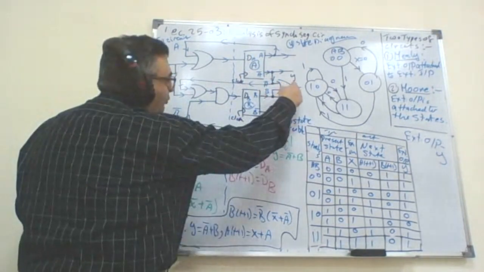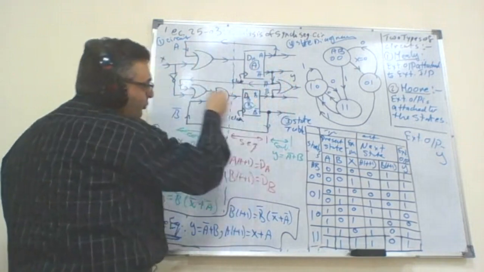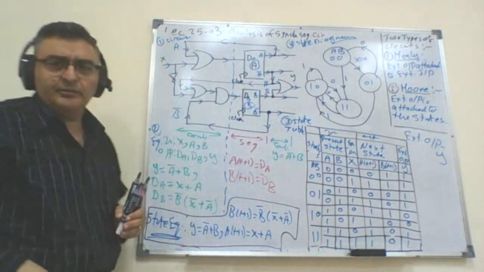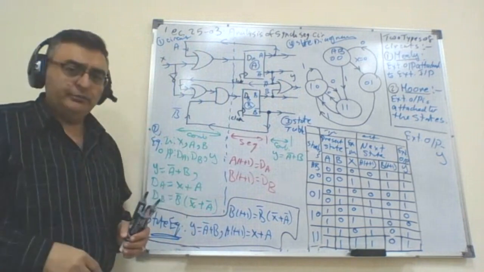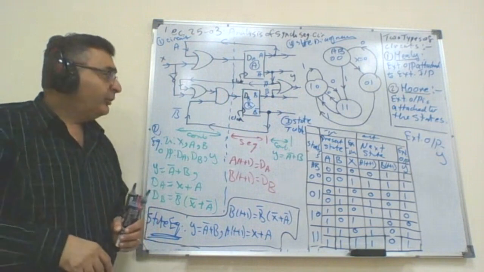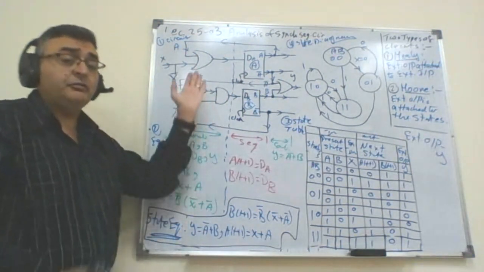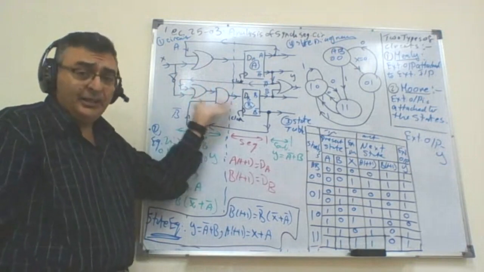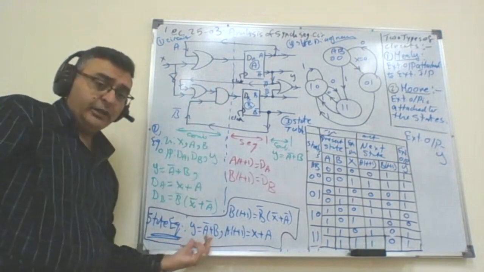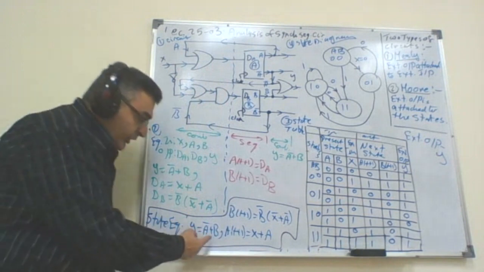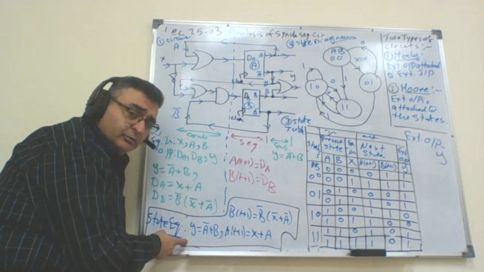So here you have to go through either this flip-flop or this one to reach X. Some students find this difficult. Don't worry, we will have another way to identify. If the identification of Mealy or Moore from here is difficult, simply check the equation of Y. Does the equation of Y have X or not?